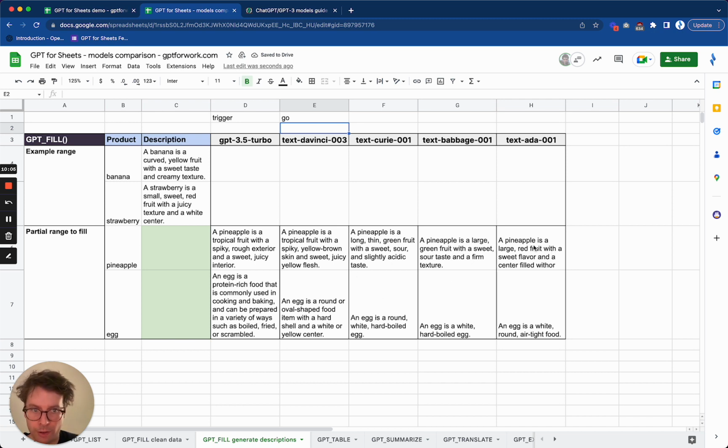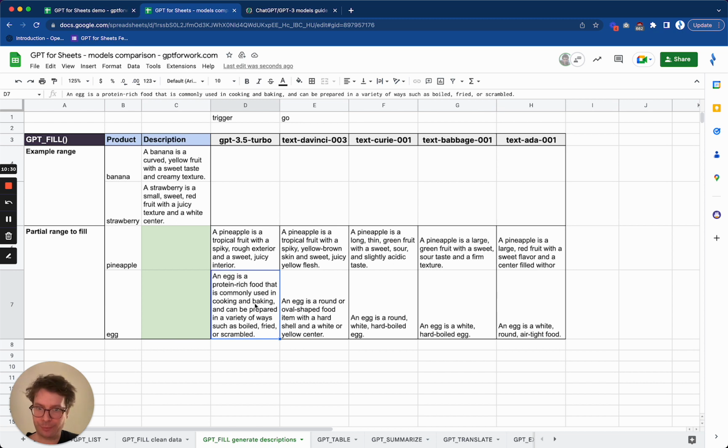So, ChatGPT: a pineapple is a tropical fruit with a spiky, rough exterior and a sweet, juicy interior. An egg is a protein-rich food that is commonly used, blah, blah. Okay, then DaVinci. So DaVinci has a similar description for the pineapple, but the egg description is less informative. I like the ChatGPT one better here.